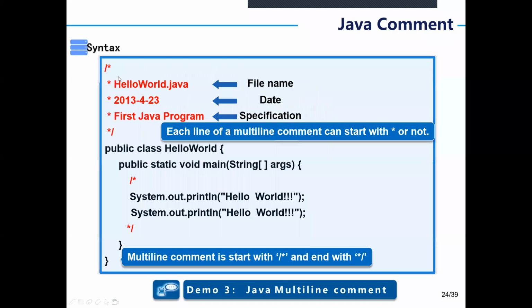We can also comment multiple lines, starting with slash asterisk and ending with asterisk slash. For example, in this code, these lines are a multi-line comment.